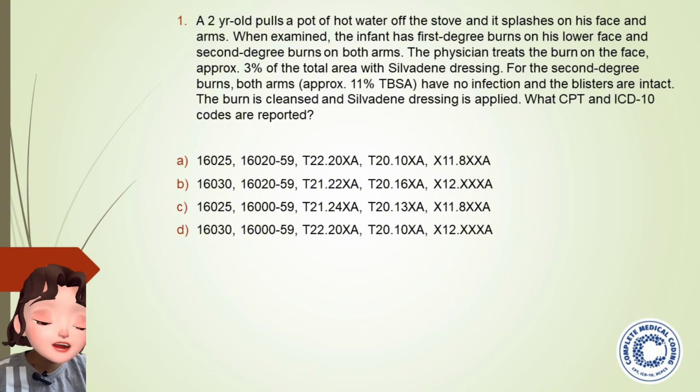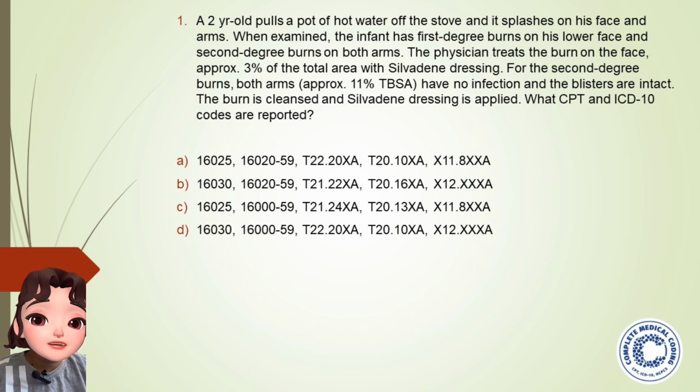Up to T22.20 only you will get it. The total ICD code consists of 7 characters. So what do the X and A represent? X is the placeholder and A means initial encounter.